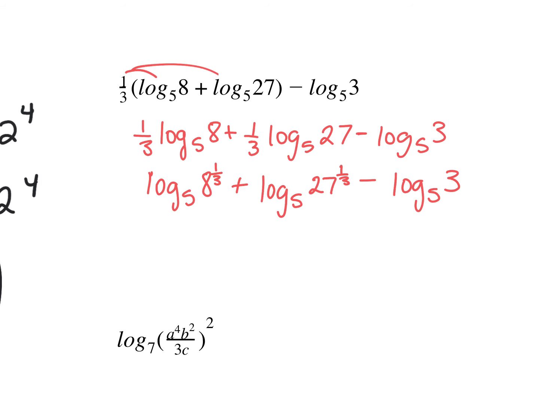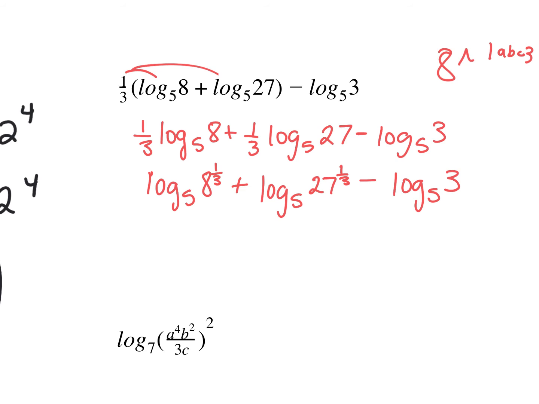Could we go ahead and evaluate 8 to the 1/3 and 27 to the 1/3? Yeah. What are they? How would you type in 8 to the 1/3 to your calculator? Well, I just put 1 fraction 3 and it gives me 8. So you type in 8 caret 1 over 3.